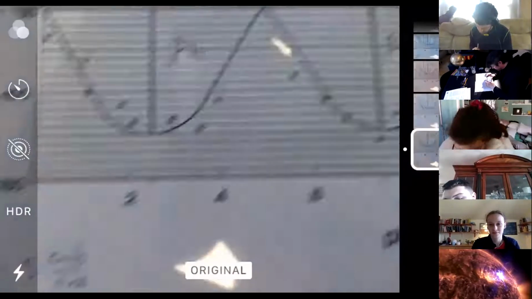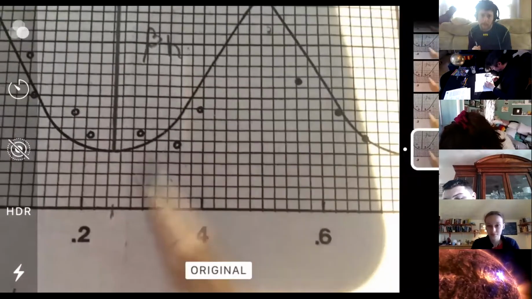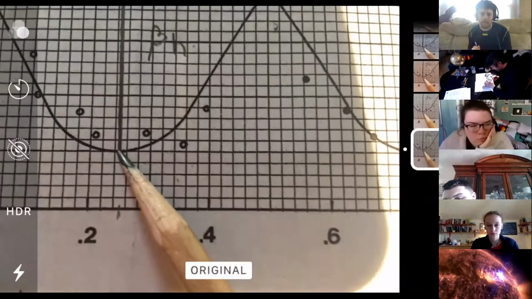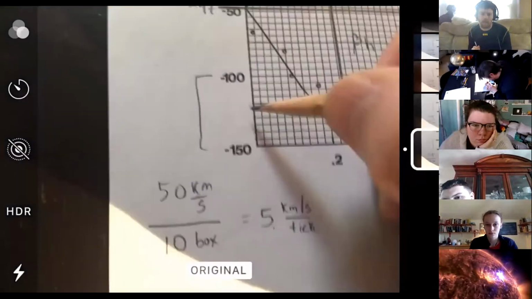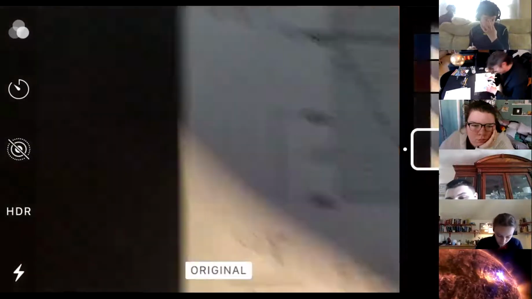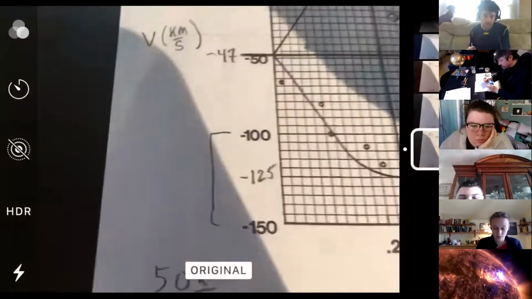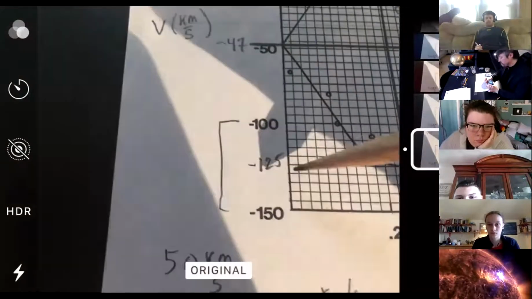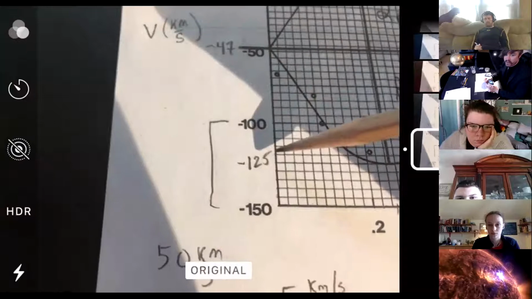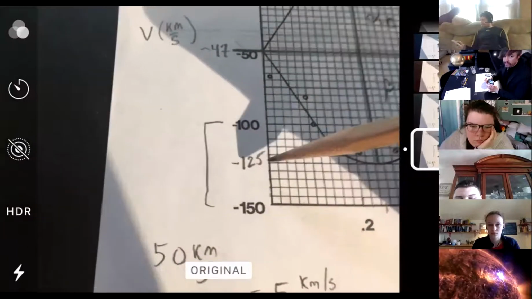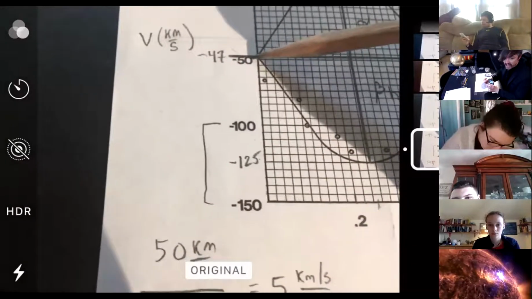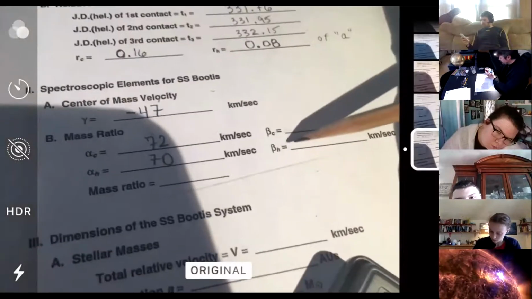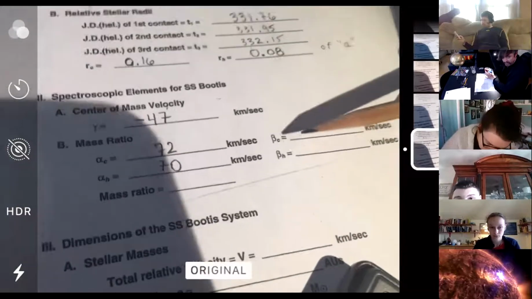Now, the nice thing about the betas is that they do seem to end at the same line, and that's negative 125. Normally, when you do an interval in your algebra class, you subtract the top number minus the bottom number, y2 minus y1. But in this case, we don't want to do it that way. We want our velocities relative to the center of mass so that our red shifts come out positive and our blue shifts come out negative.